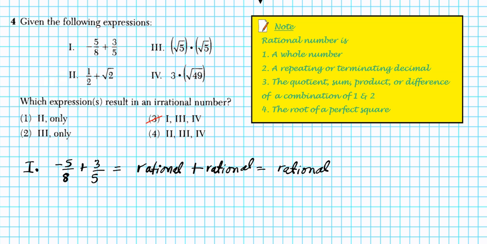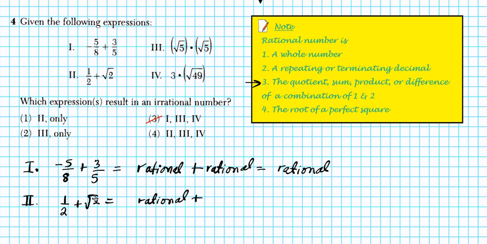Let's move on to option 2. We have 1/2 plus root 2. 1/2 is a rational number because we have an integer on the top and the bottom. So the quotient of two integers is rational, according to point 3 in our notes. And then what is root 2? 2 is not a perfect square. You can't think of an integer multiplied by itself to give you 2.